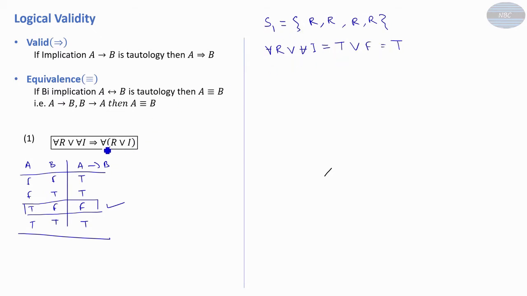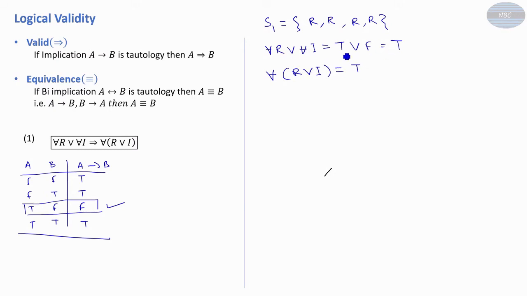Now let us find the truth value of the right hand side, for all R or I. Is it that all persons are either rich or intelligent? Yes, all persons are rich or intelligent. He is rich but not intelligent, but at least he is rich. So the truth value of this one is true.